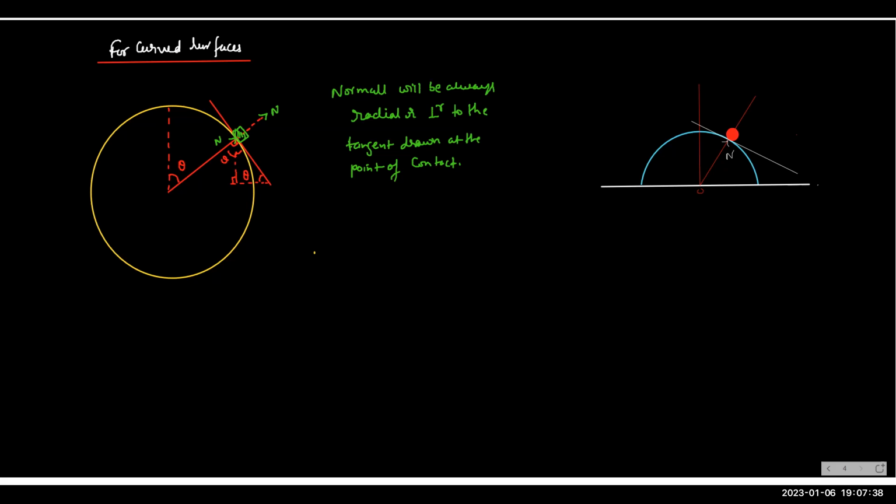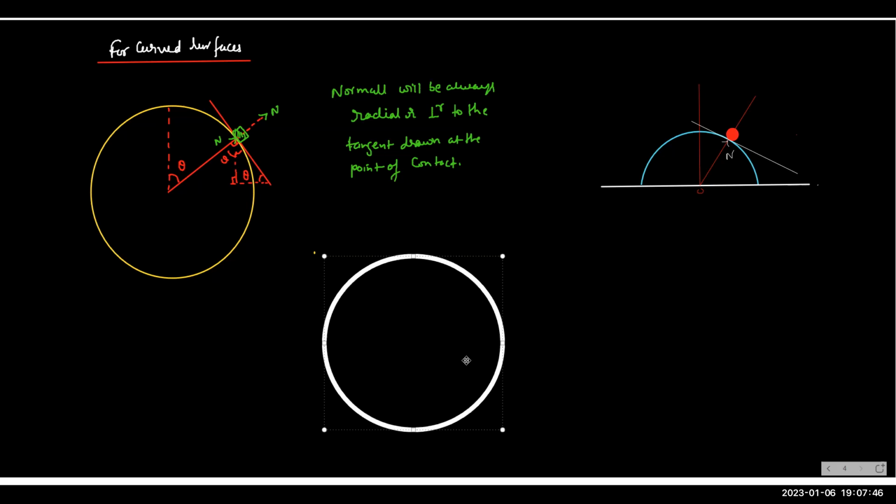So now sometimes it happens that we have a spherical ball. So this is the famous stick and ball problem. Maybe the chopstick is falling inside the ball.